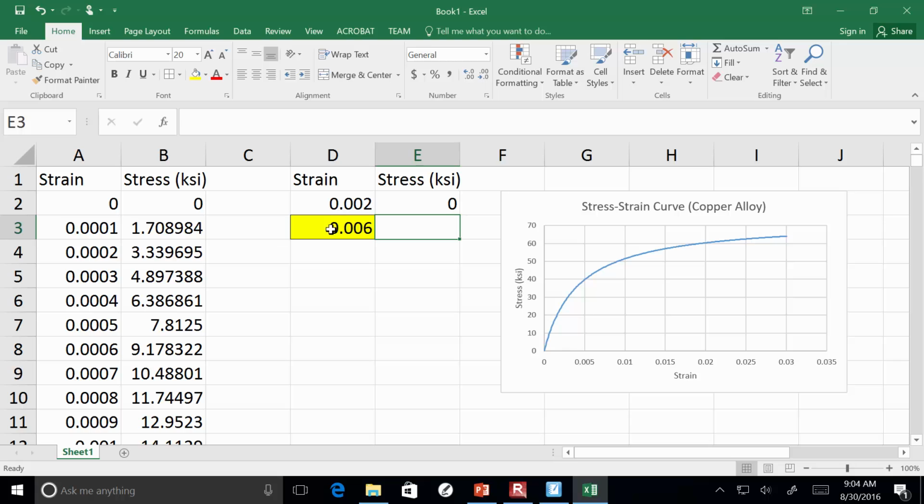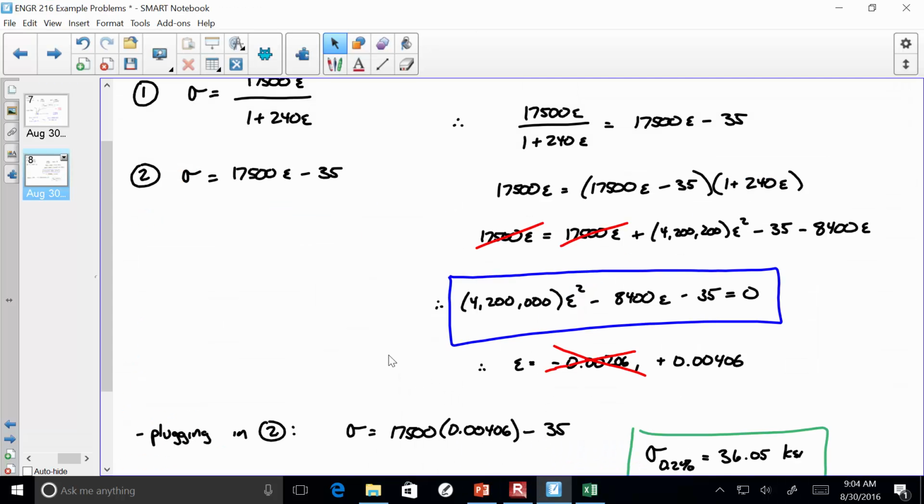Okay? All right. Now, what was the equation for that offset line? It was 17,500 times this minus what, 35? Did I do that right? No. I'm talking about the offset line. I'm talking about this. This is the equation of that line, right? 17,500 times strain minus 35.